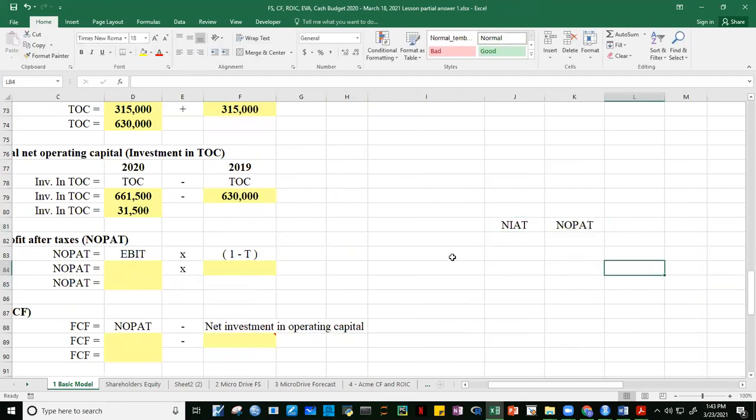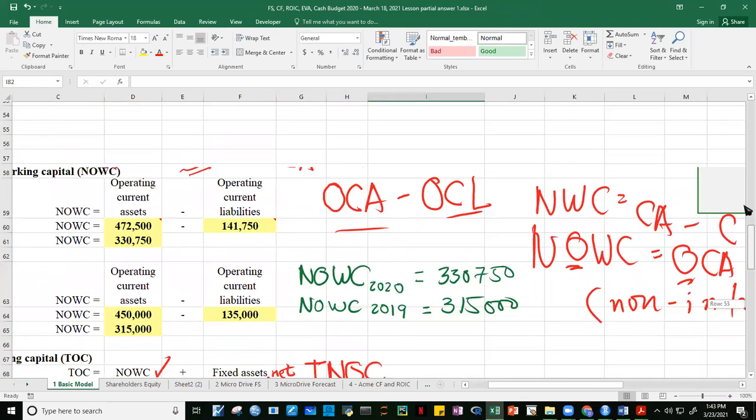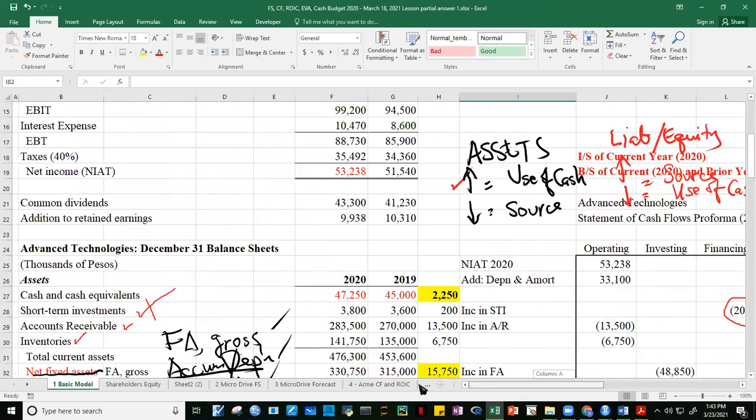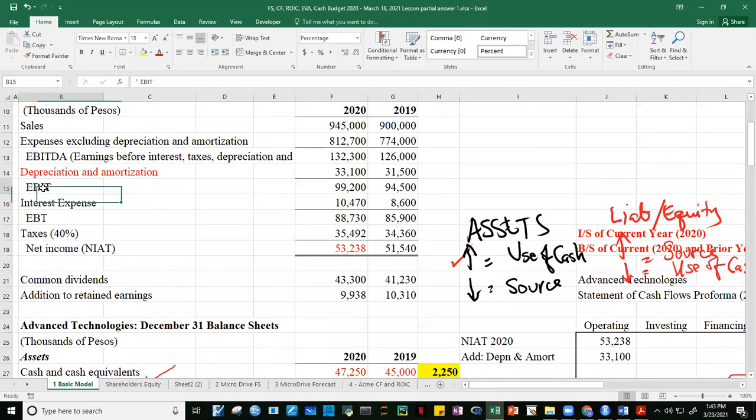Okay, so we're going to start with EBIT and go down. Kasi yung net income after tax natin, ito yon. We know this, guys. EBIT is earnings before interest and taxes. And then we subtract the interest.